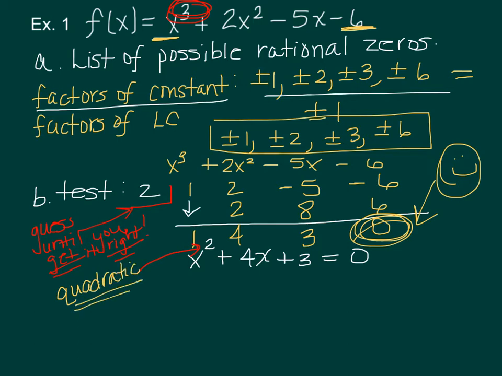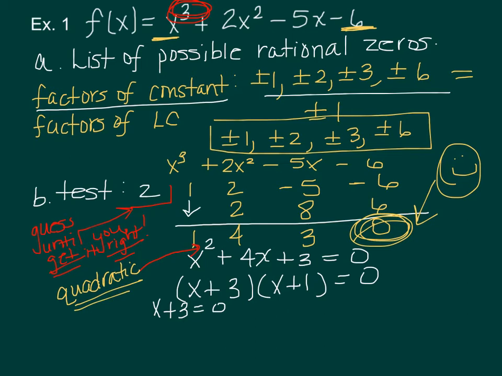So once you get to a quadratic, you're going to either factor or use the quadratic formula. So I'm going to factor. I need two numbers that multiply to give you 3 and add to give you 4. Set them equal to 0, plus the one that actually worked.